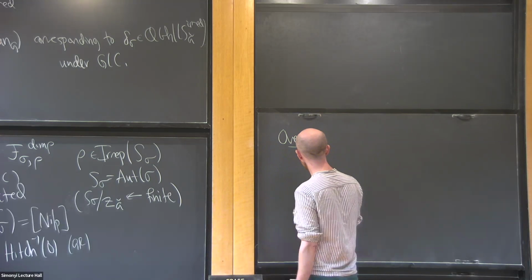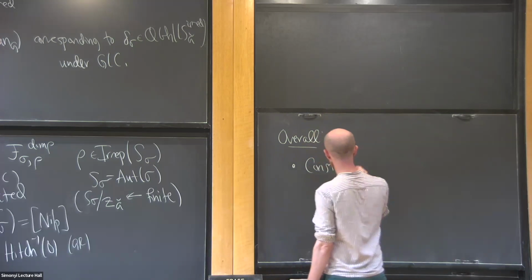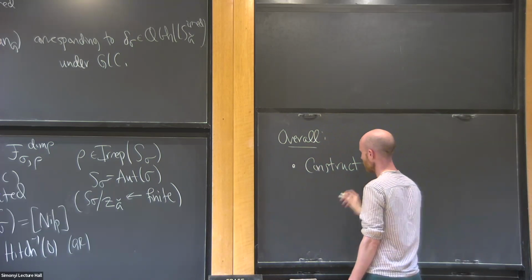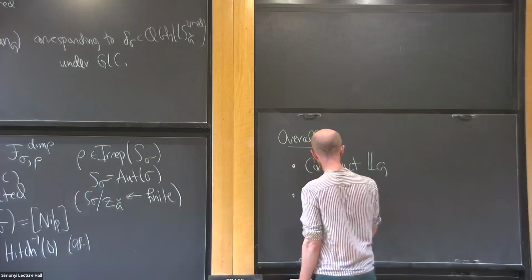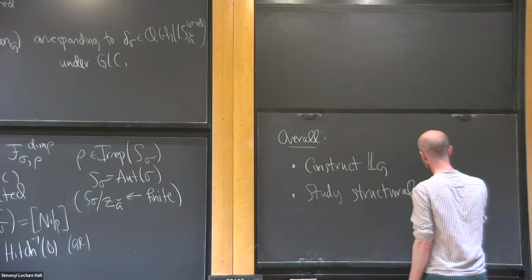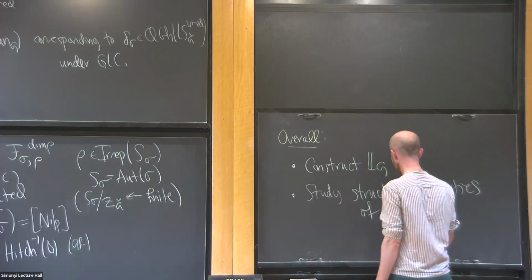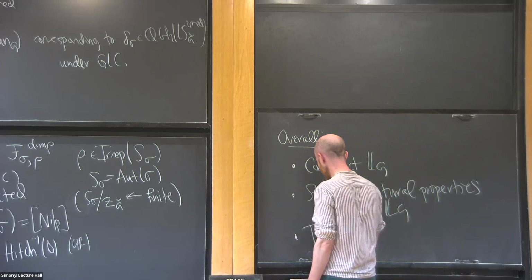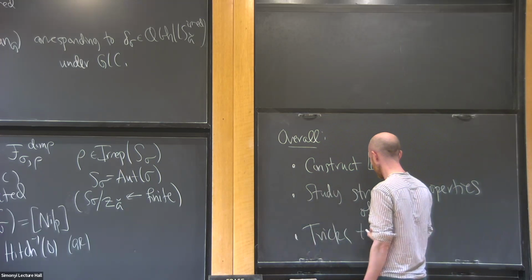So overall, the goal is the following. The first thing we'll do is construct this functor LG. The second thing we'll do is study structural features of this LG. And then the fourth thing we'll do is a bunch of tricks to deduce the theorem.